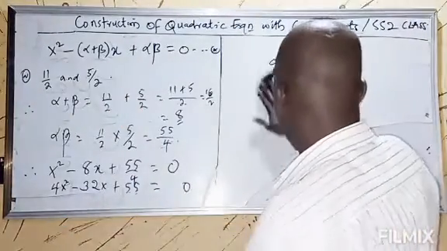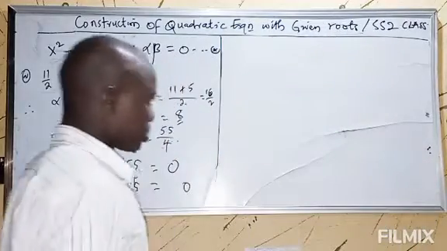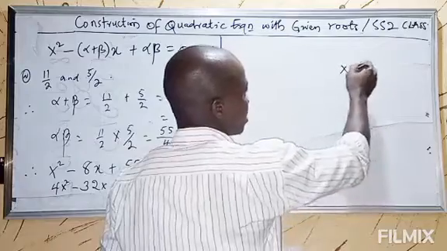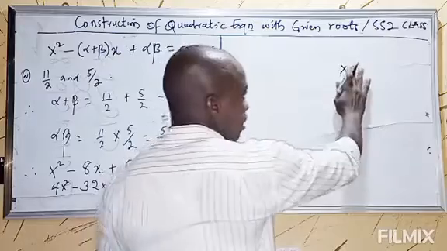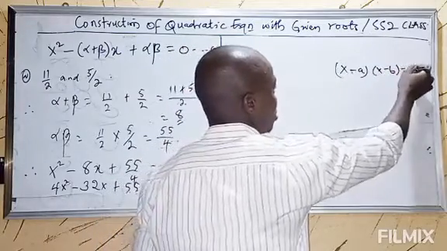Now the second part, or the second method we can use, is, as we all know, that if you have x minus a, x minus b equals to 0.